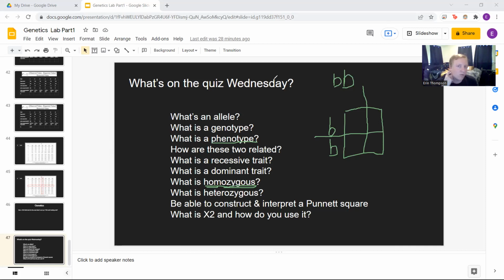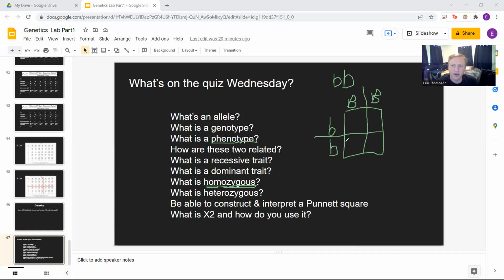Now, how do you know my dad is not homozygous dominant? How do we know my dad's not big B, big B? That's exactly right. So let's make the Punnett square if my dad was homozygous dominant.